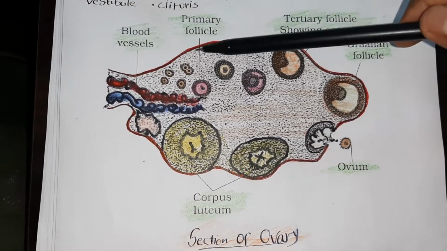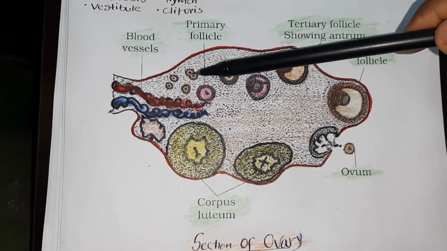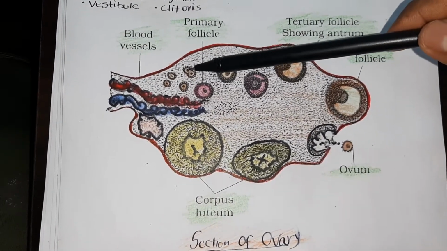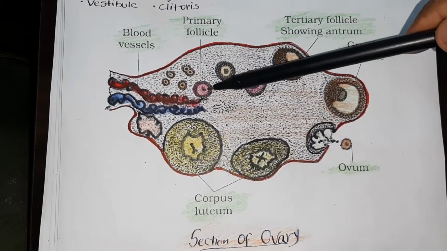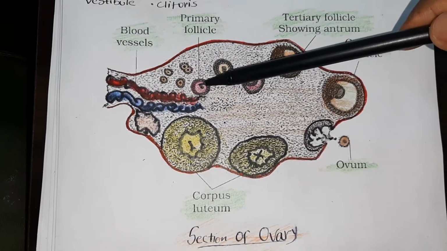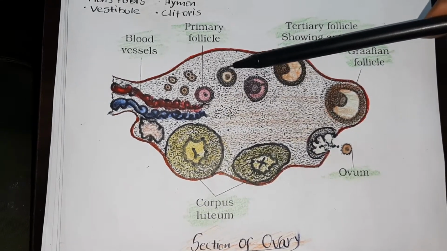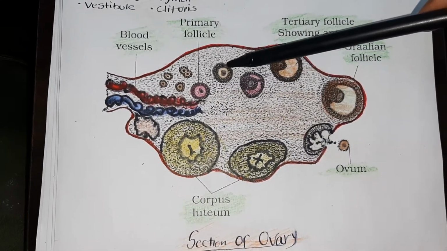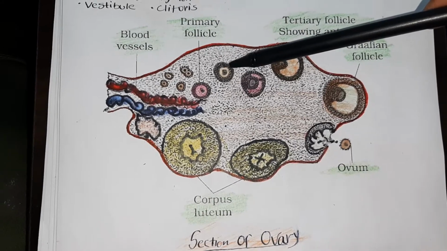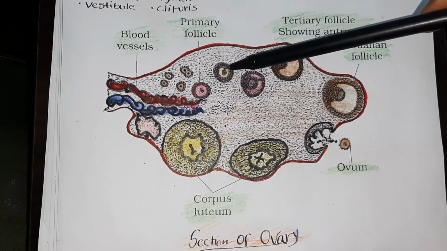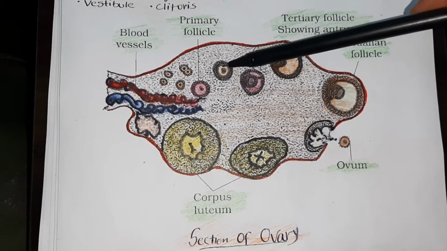Here in this section of the female ovary, you can see these are the primordial follicles, which form primary follicles having the primary oocyte. Then it adds more granulosa cells, which provide nourishment to the developing egg, and it contains again the primary oocyte.